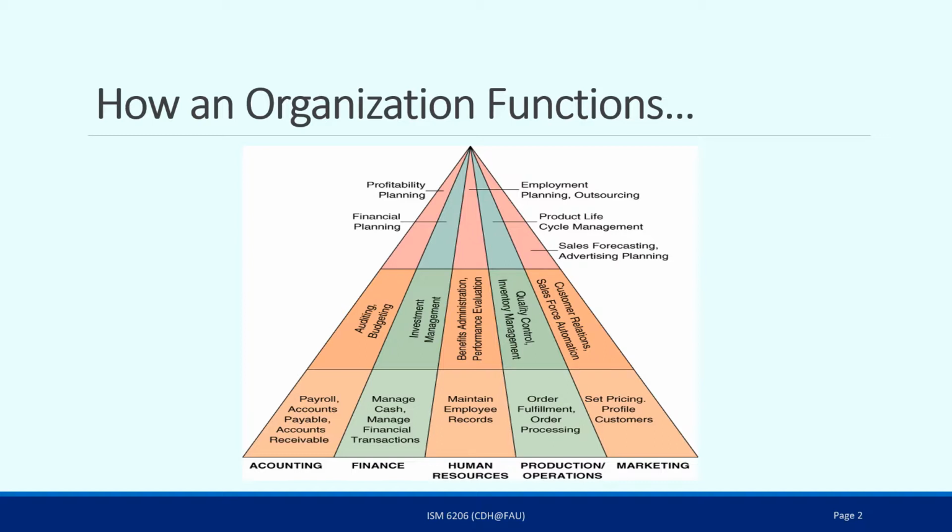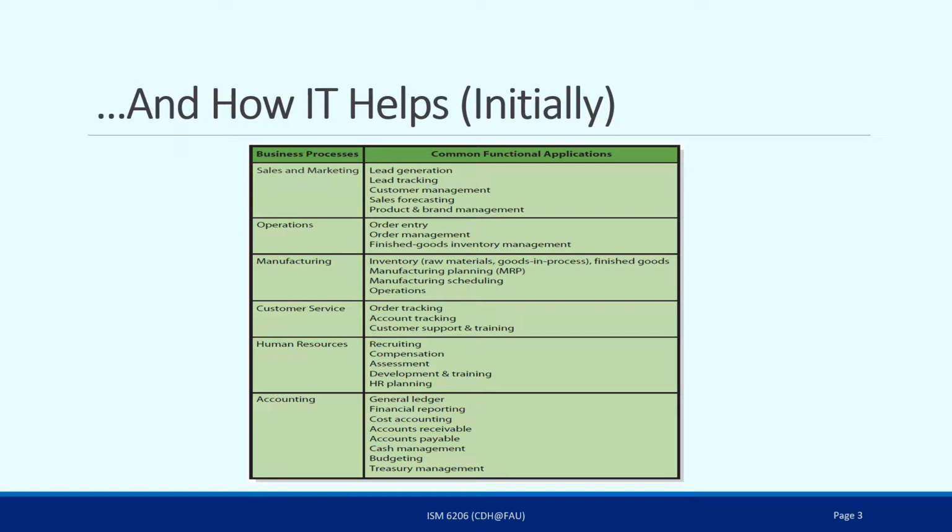So in order to handle each functional area, there are many systems that are really designed to take care of all the different tasks for individual functions, and those are the functional systems. And they're designed specifically to handle all the different tasks within one department.